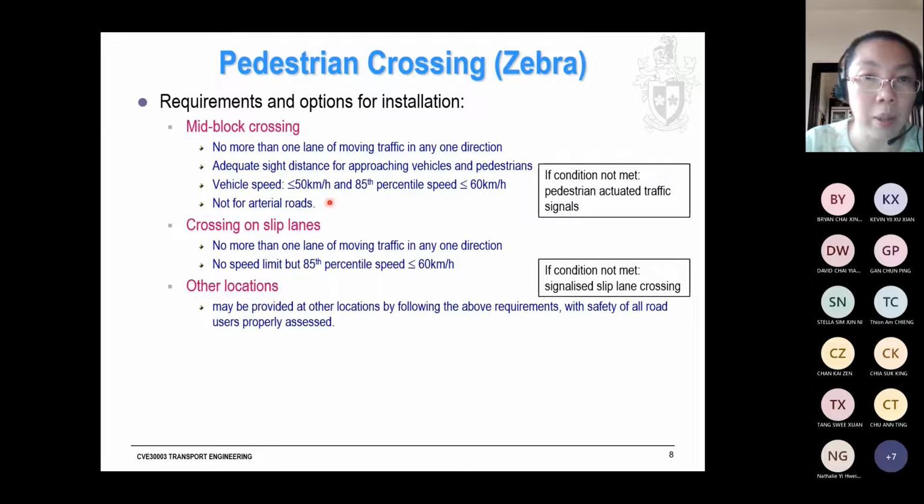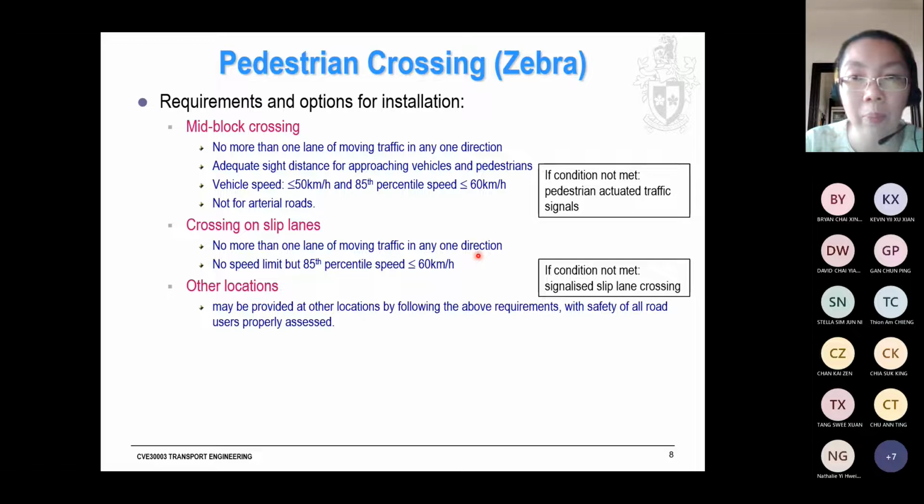Zebra crossing can also be used for crossing on slip lanes, and many of you have designed slip lanes for your assignment 1. Yeah, so zebra crossing could be used as well for slip lanes. Okay, but again, no more than one lane of moving traffic in any direction.